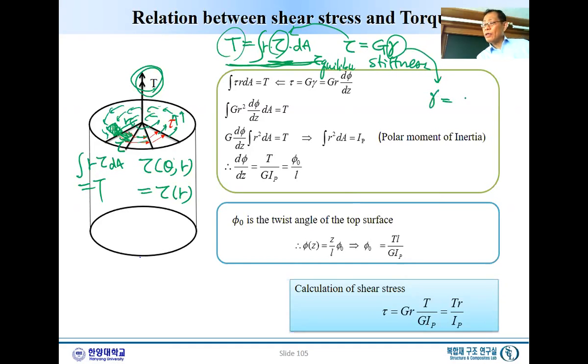And what is the gamma? The gamma we already have, dphi/dz times r. So this gamma will go in there, this tau will go in there, and then let's see what the final equation will be. So the tau is simply G gamma, again the stiffness.